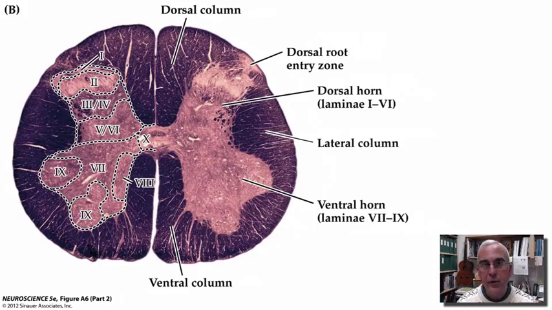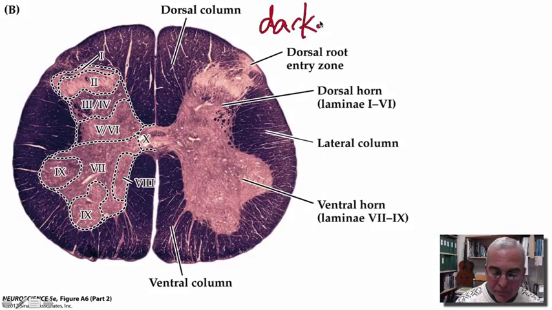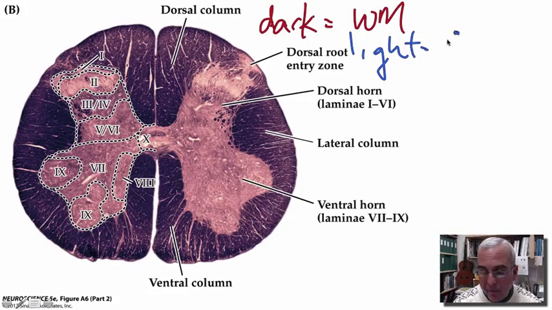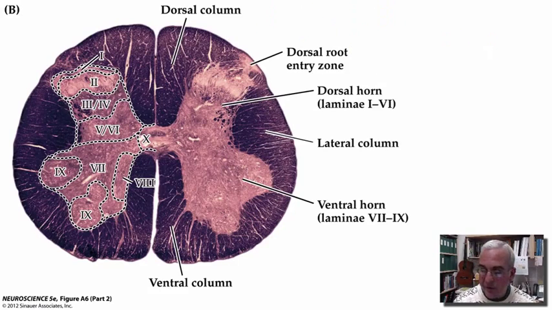So please don't be thrown off by this convention. Essentially, wherever we see dark staining, we are looking at white matter. So that means that where we see the lighter stain, that is going to be gray matter. So this is essentially the inverse visual appearance of what we just looked at with the Nissl stain. Okay, I think that should be clear enough.